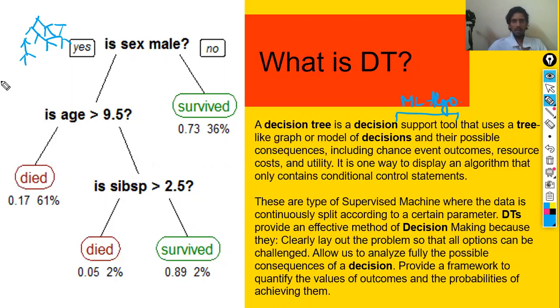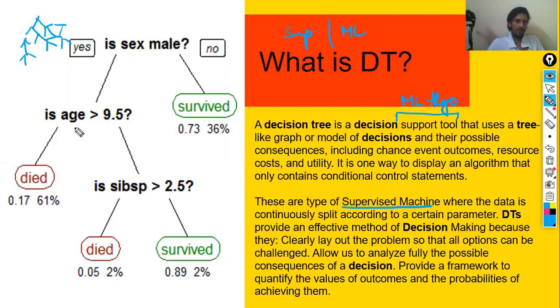Now here, when we talk about it, it is one way of displaying an algorithm in a controlled manner. And this is a supervised machine learning algorithm. Please do not forget that it's a supervised algorithm. When you talk about decision tree, it allows us to analyze fully the possible consequences of a decision.